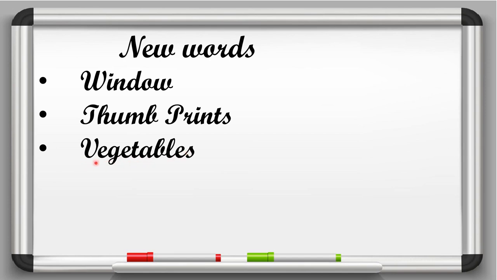Vegetables. V-E-G-E-T-A-B-L-E-S. Vegetables. What do you mean by vegetables? Sabjiyan. Next is repeated. R-E-P-E-A-T-E-D. Repeated क्या होता है बेटा? एक ही काम का बार बार होना.